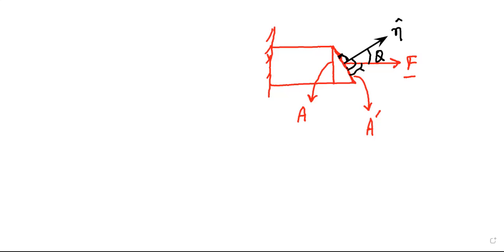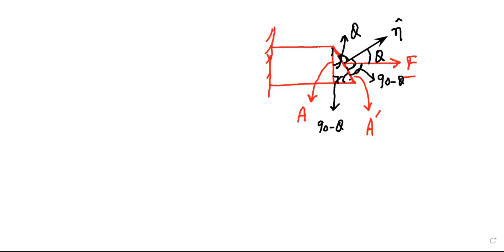Therefore, this small angle will be 90 minus theta. Since this angle and this angle are alternate angles, this angle will also be 90 minus theta. Now in this right angle triangle, this angle is 90, this angle is 90 minus theta. Therefore, this angle will be theta.